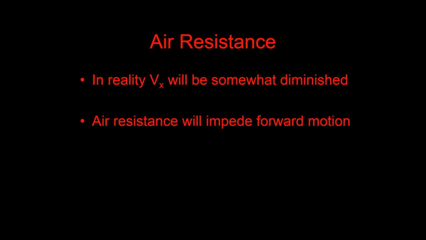So Vx will be diminished a little bit. For most of the cases that we look at, we can usually ignore this because our object is usually fairly aerodynamic, and this effect is relatively small compared to the velocity change in the y direction. But it is there, and air resistance will impede your forward motion.